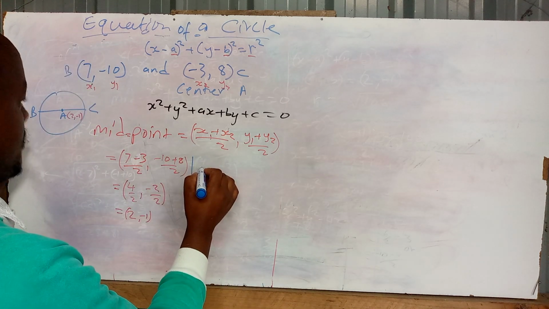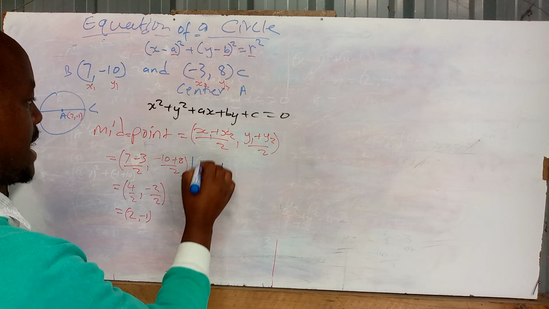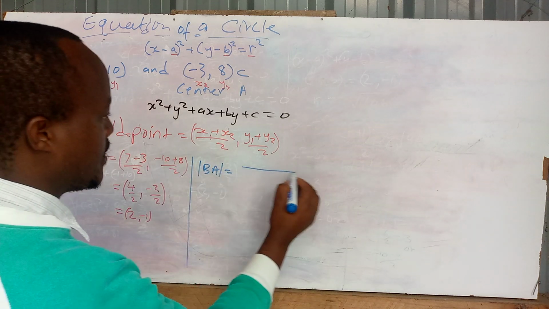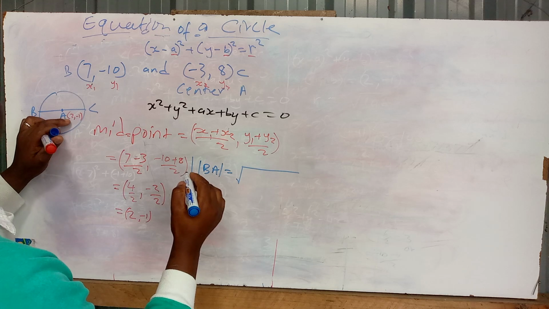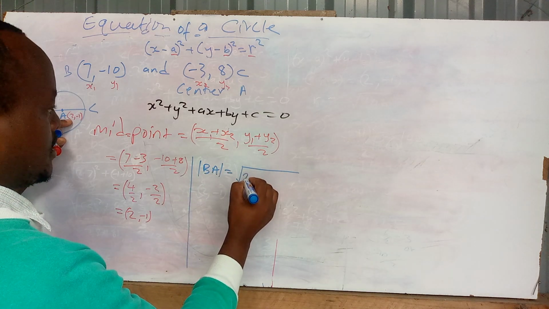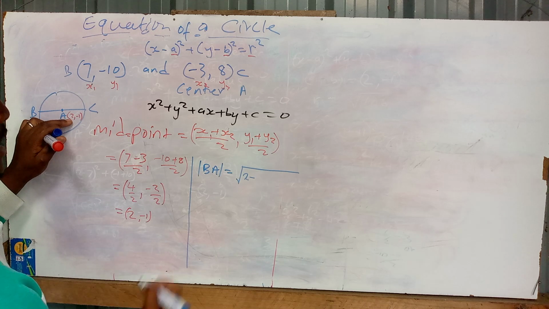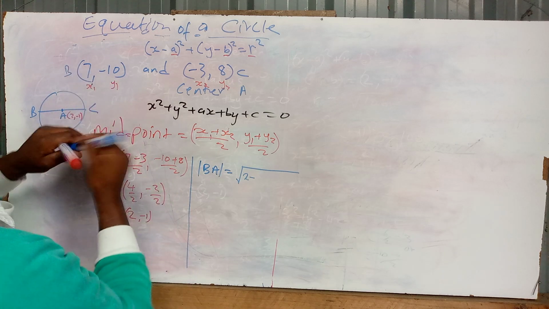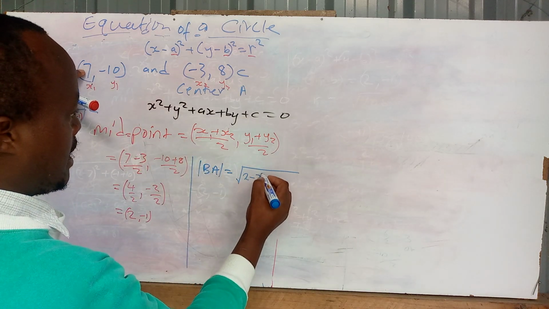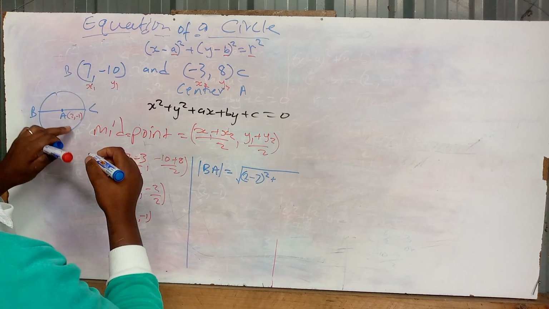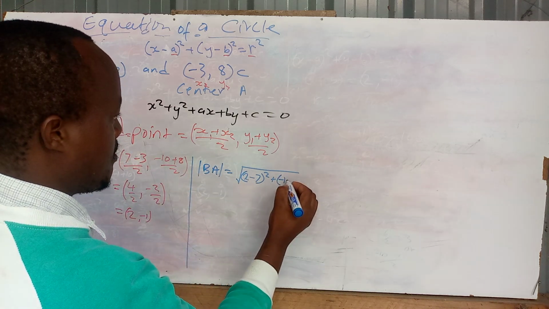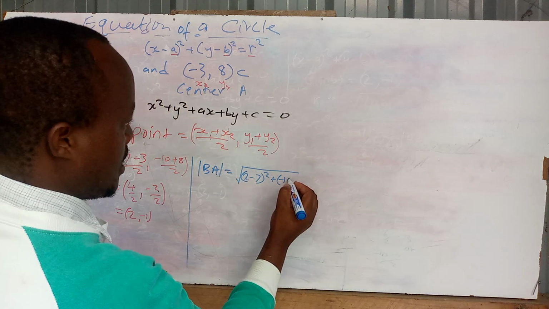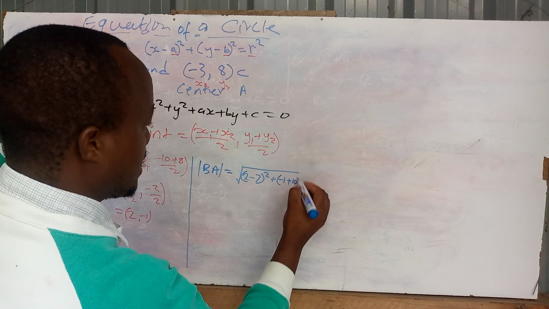The magnitude of BA will be given as the square root of (2 minus 7) squared, that is x2 minus x1, plus y1, which is minus 1, minus y2, which is minus 10, giving plus 10.